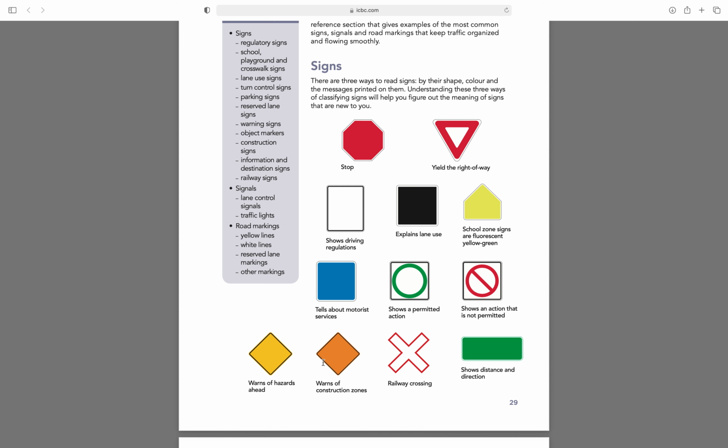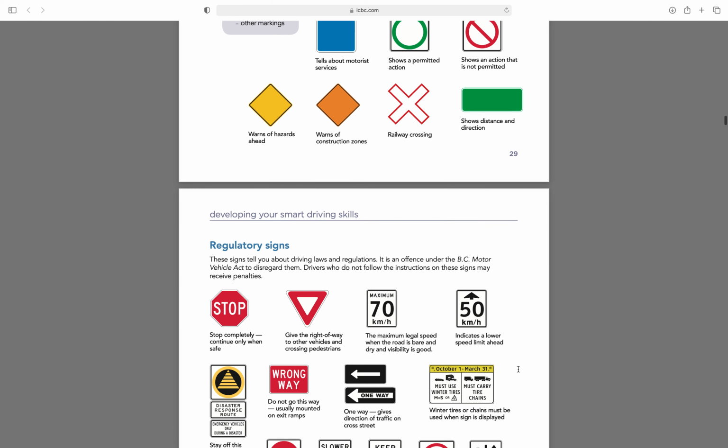This is construction zones, so this one's orange, and construction ahead or whatever. This is a railway crossing. This is only used for railway crossing because it's supposed to be like an intersection. And this shows distance and direction. So if you're driving to Abbotsford, it'd say like 40 kilometers to Abbotsford from my location. So just different things like that.